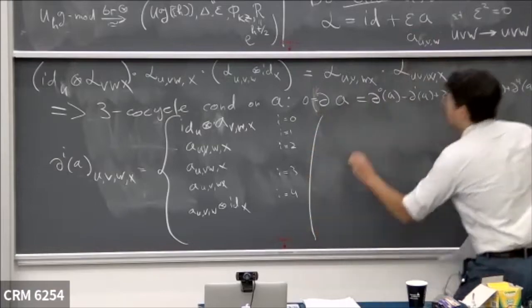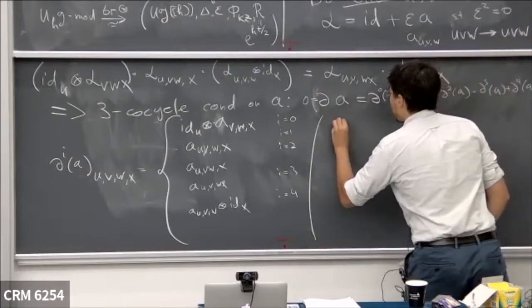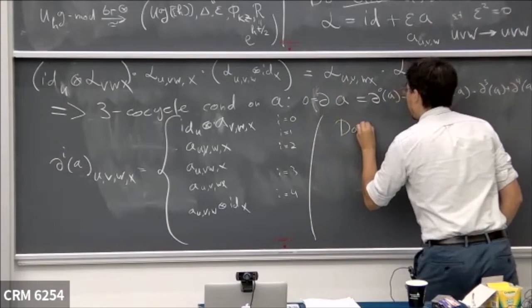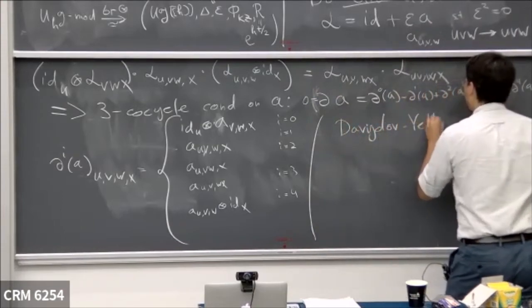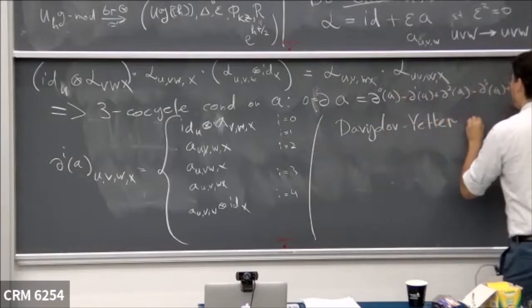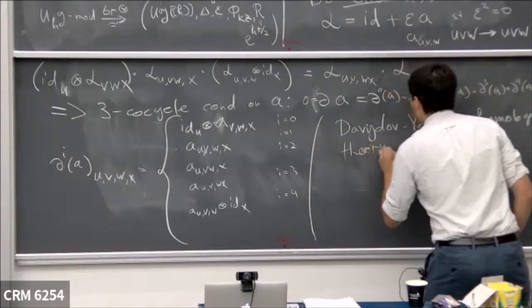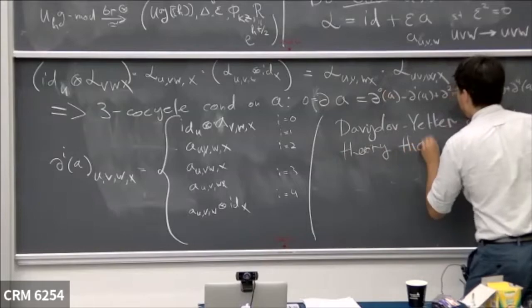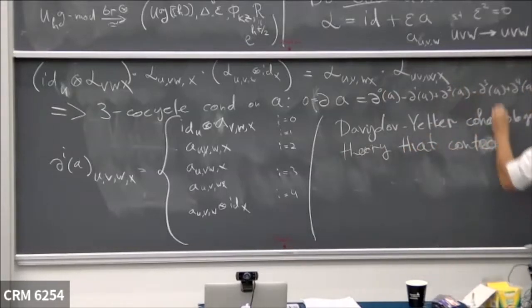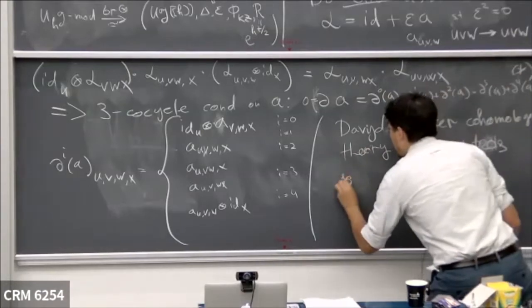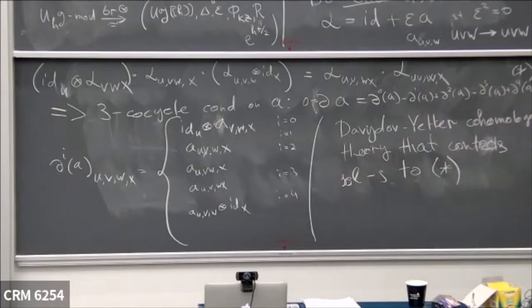So there is the so-called Davydov-Yetter homology theory that controls solutions to star. This is similar to standard infinitesimal deformations of associative algebras.